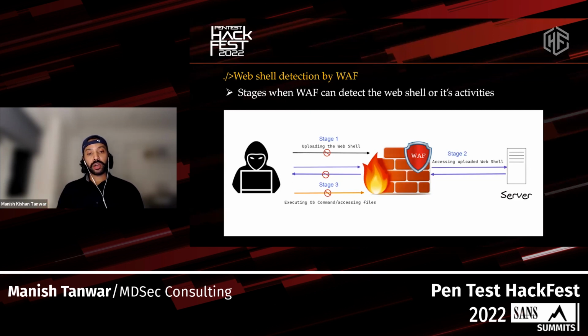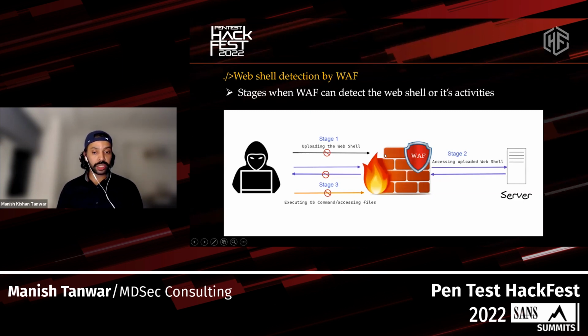The first stage is when someone is trying to upload a web shell. The web application firewall is going to detect certain keywords, let's say a system function or something like that, or even the name of the shell itself. So in stage one, when we are uploading, it may be detected.